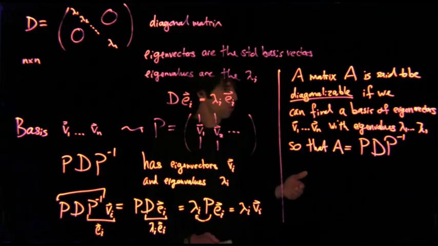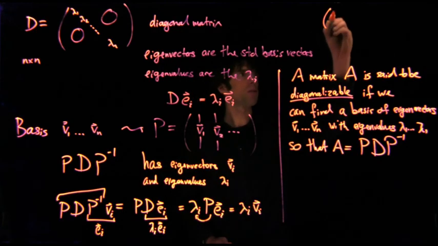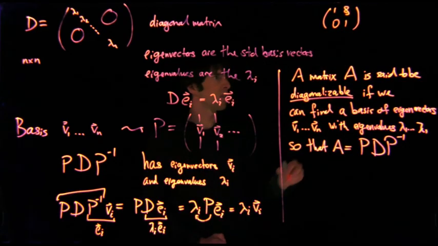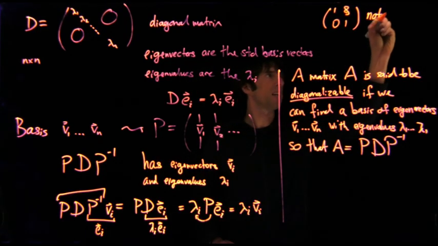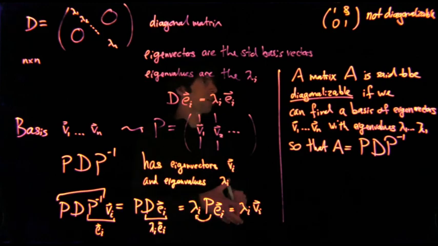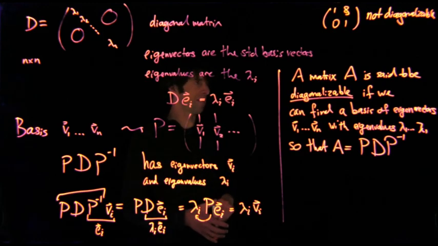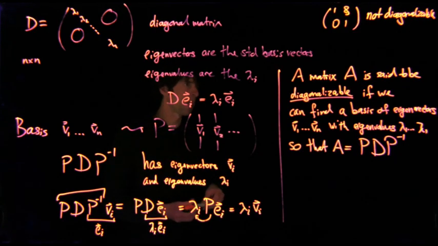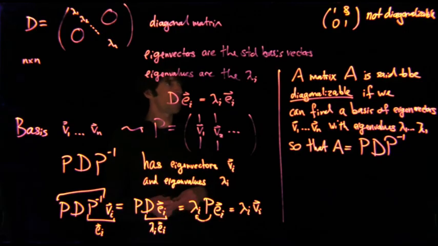But we also saw one example. We saw the matrix 1, I think I put an 8 there, 1, 0. So this matrix was not diagonalizable. It's a 2 by 2 matrix, but we only found a one-dimensional space of eigenvectors. We couldn't find 2 eigenvectors, we only found 1. So that's an example we've seen of a non-diagonalizable matrix.